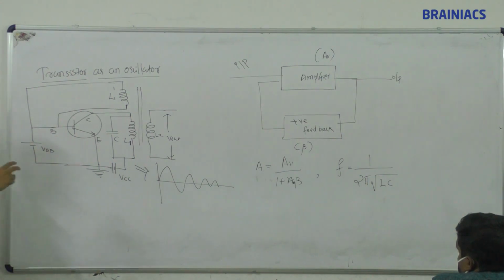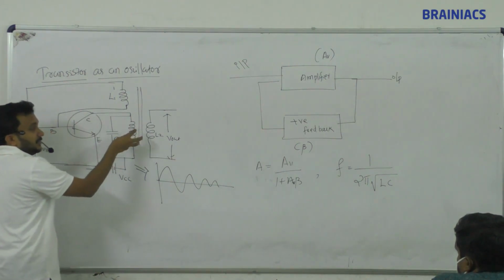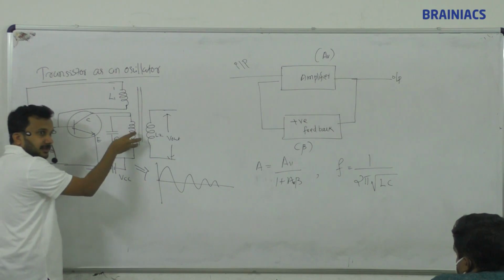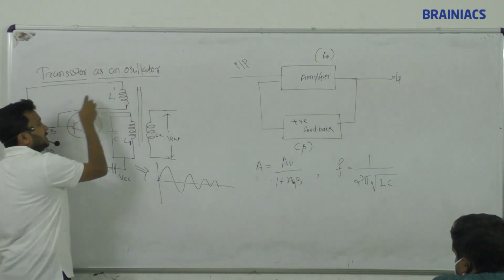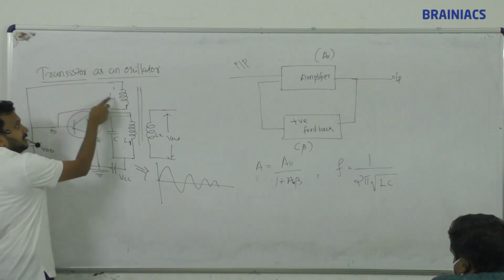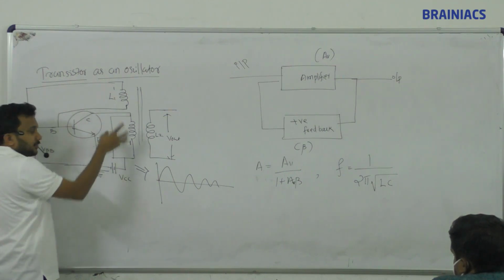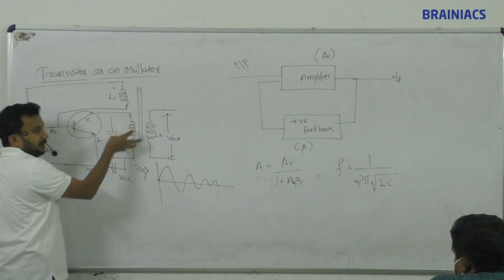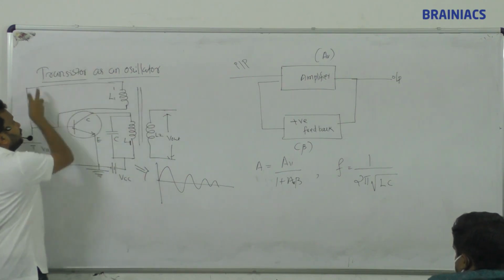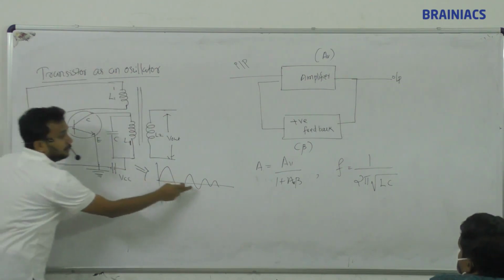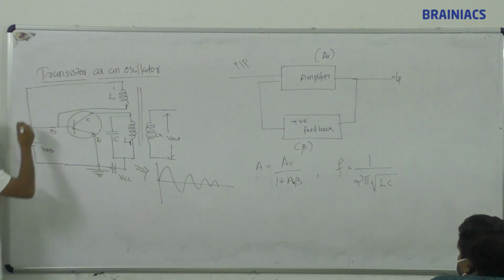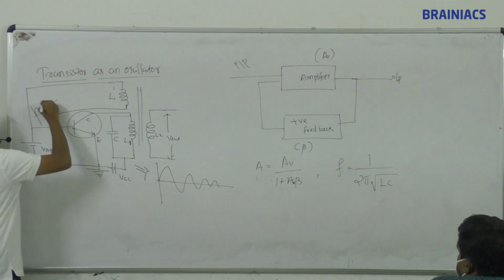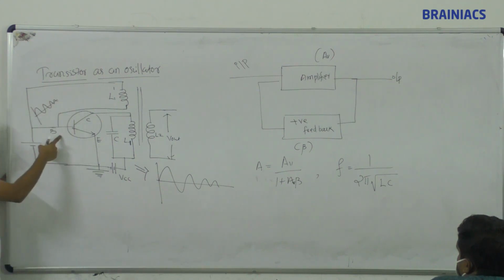So the changes are coupled to the base through the L1 dash coil, transferring to the input of the transistor. You will get this damped signal coming to the base of the transistor.